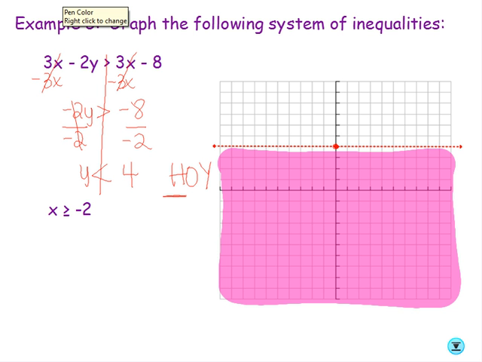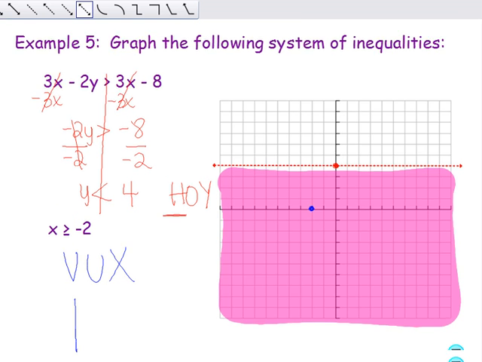There is only x. When there is only x, it is VOX, which means it is vertical. But the negative 2 needs to go on the x-axis, which means I need to actually go left 2. And since this has a bar underneath, I need to draw a solid vertical line.